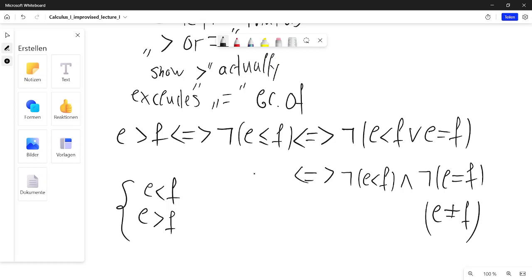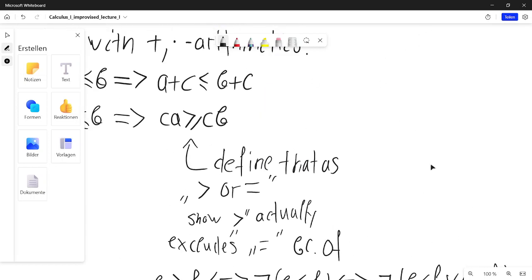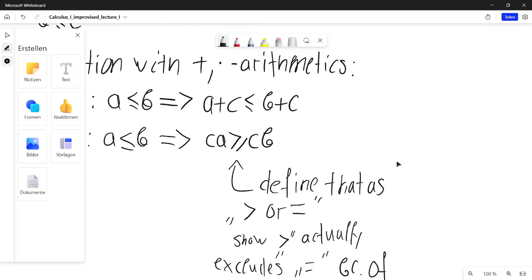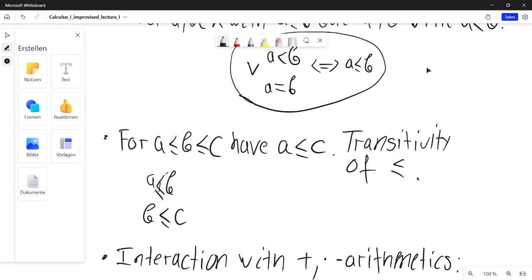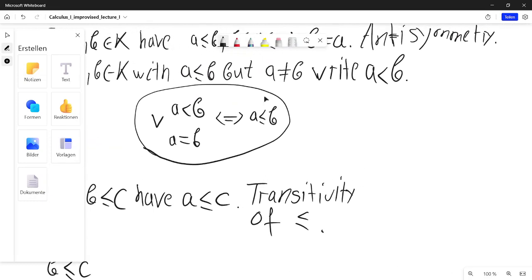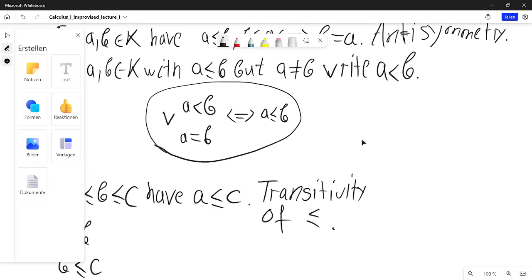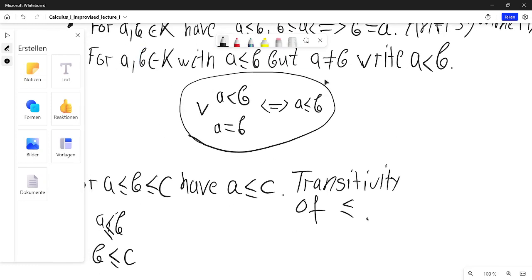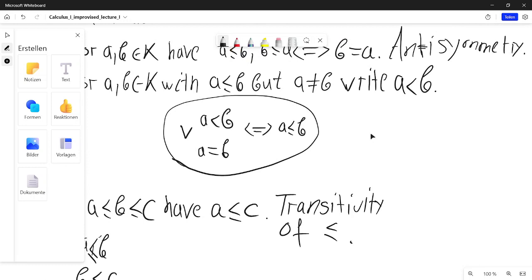Well, it just means that A is not equal to B, and A equal B, right, this.